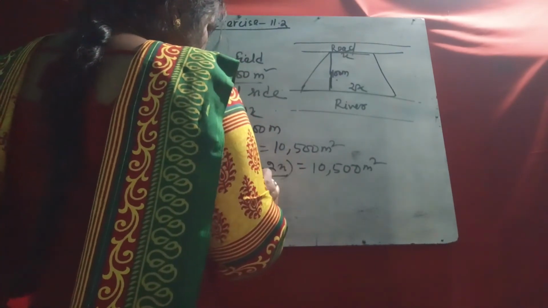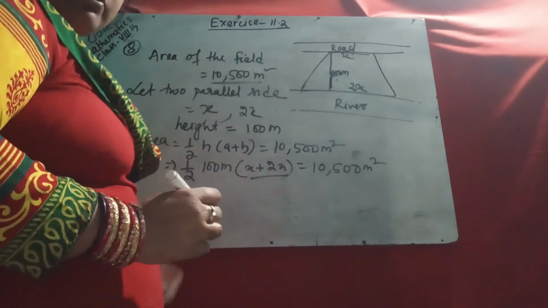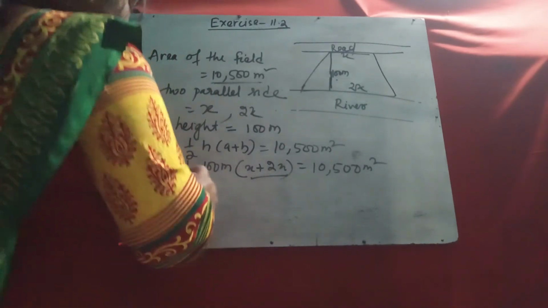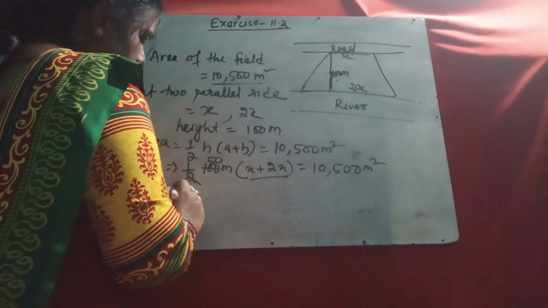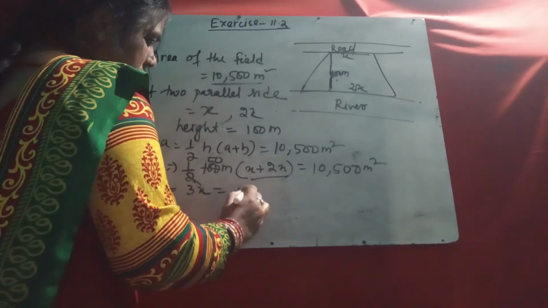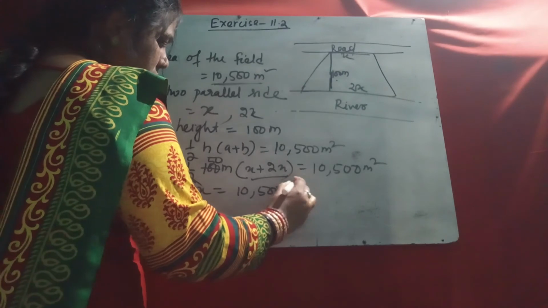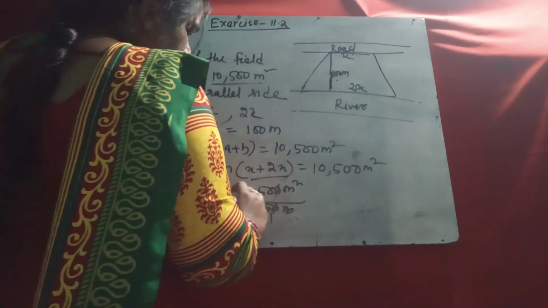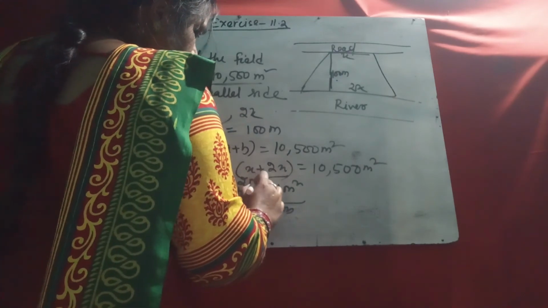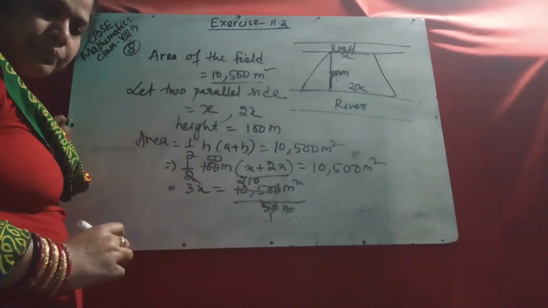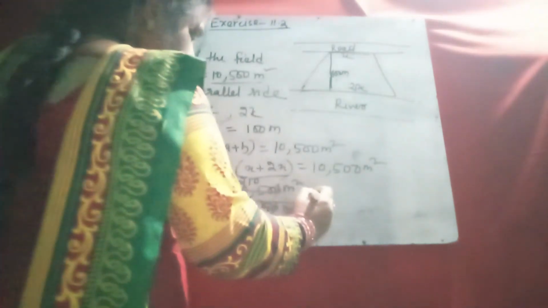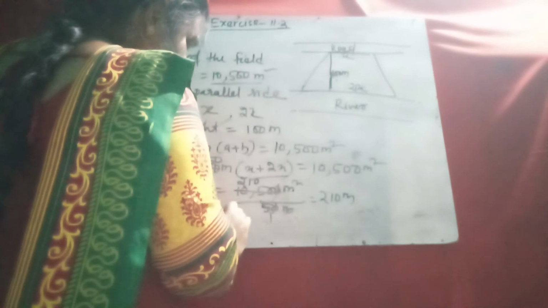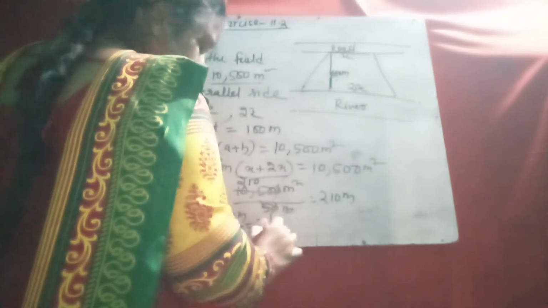Here x plus 2x is 3x. So cut 50 meter. So 3x equals 10,500 meter square by 50 meter, which is 210 meter. Then x equals 210 meter by 3, that is 70 meter.